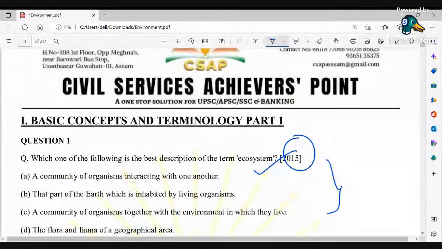Can anyone come up with the answer? Which one of the following is the best description of the term ecosystem? Shreya, Hemanta, okay. C and B, okay.